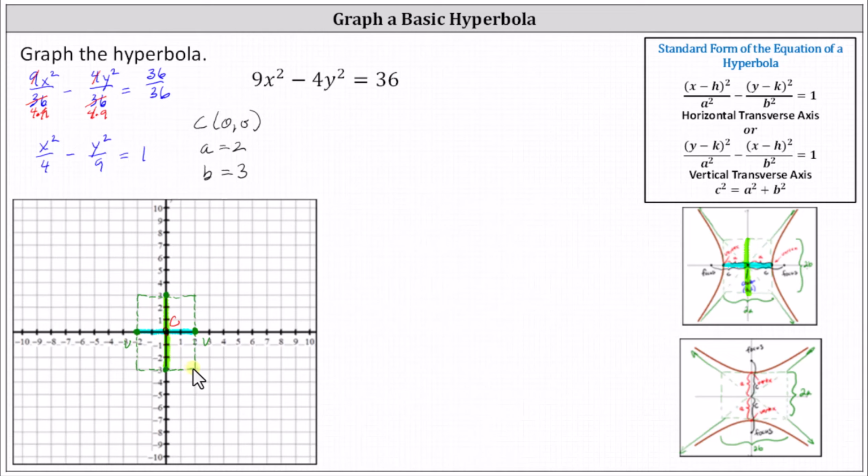And now let's sketch the asymptotes, which pass through the diagonals of the rectangle. Notice the asymptote with a positive slope has a slope of 3 halves. To find more points on the asymptote, we can go up 3 and right 2, up 3, right 2, or going back to the center, we can go down 3 and left 2 as well. Let's sketch this asymptote.